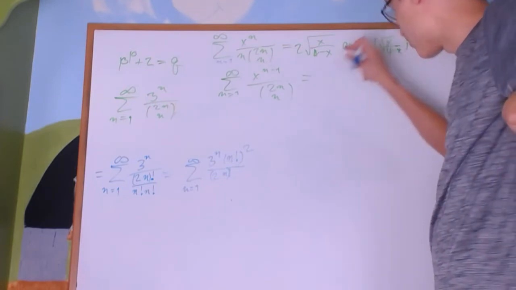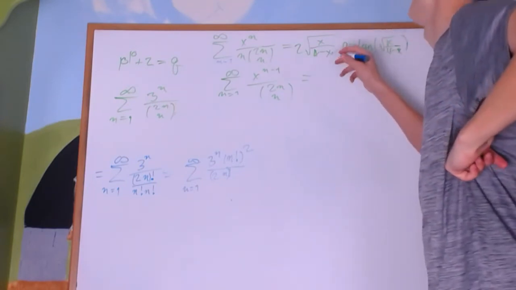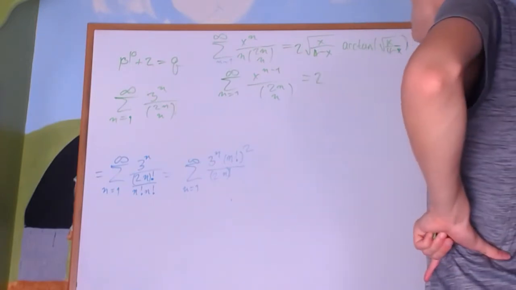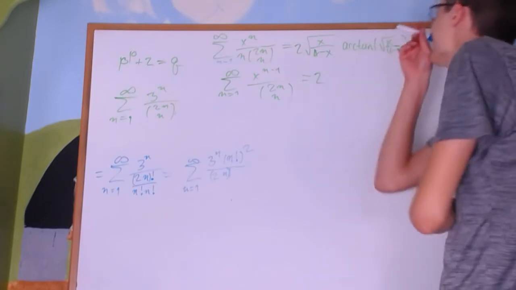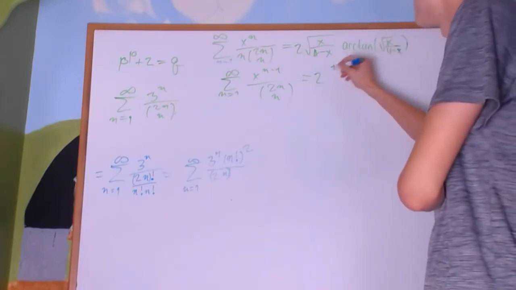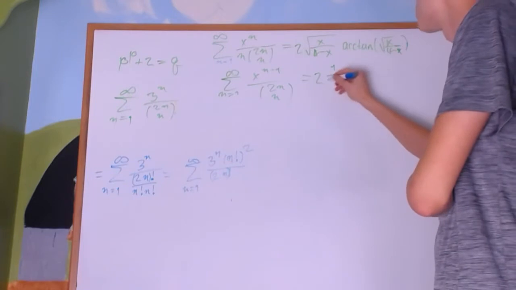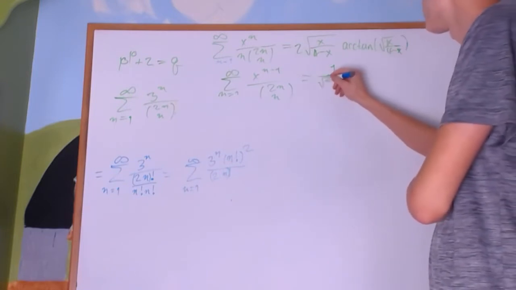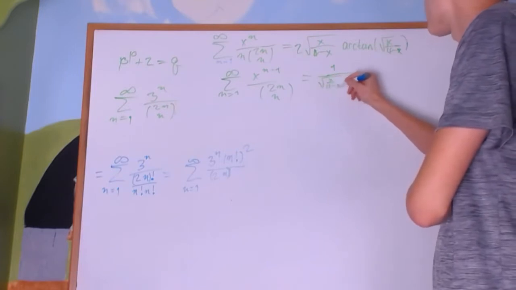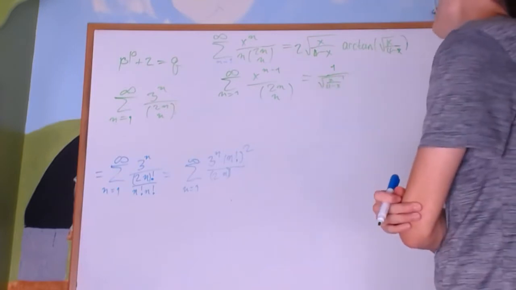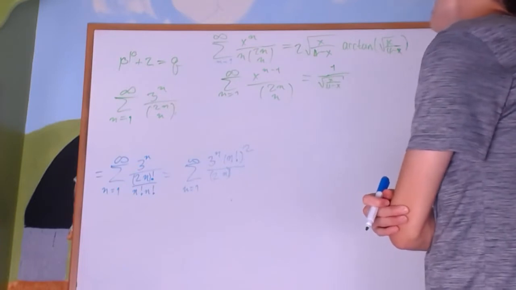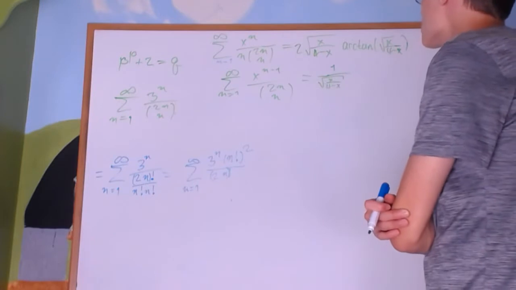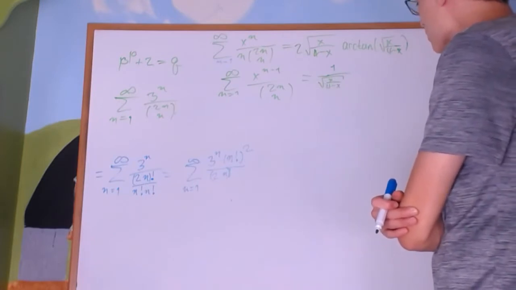Alright, gotta figure out the derivative of that. It's not fun. Alright, 2. Alright, 1 over 2 times goes away. Square root x over 4 minus x. Derivative of that is 4 minus x minus x.